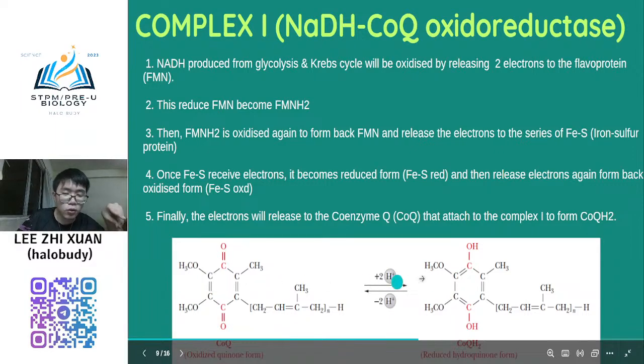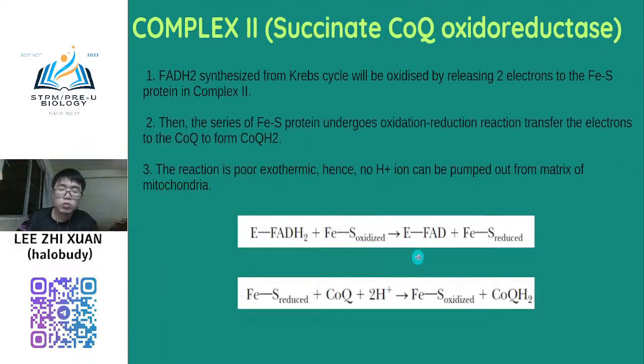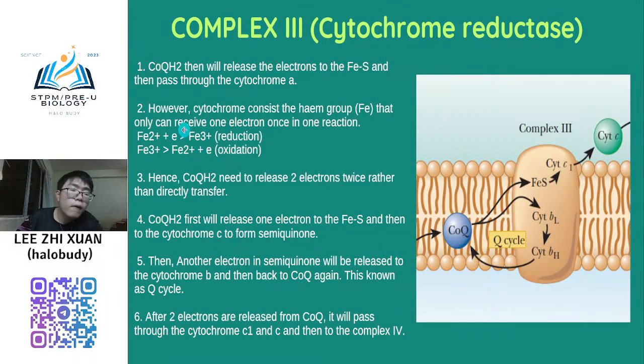Coenzyme Q, if it goes to reduction, dia akan terima 2 hydrogen ion. So it only can transfer one electron once at a time. Satu elektron je, tak boleh transfer 2 elektron punya. Dia hanya boleh transfer 1 elektron.